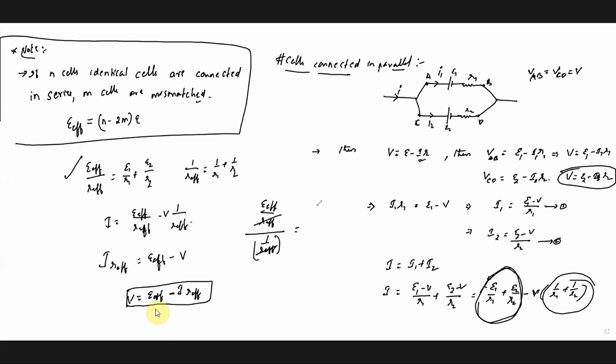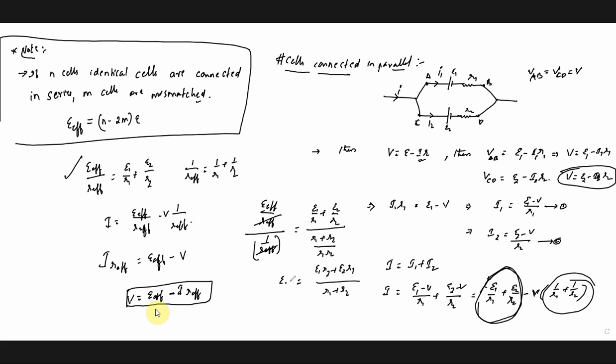E effective by R effective is how much? E1 by R1 plus E2 by R2, whole divided by 1 by R1 plus 1 by R2. 1 by R1 plus 1 by R2 is R1 plus R2 divided by R1 R2. Then, if you cross multiply, E1 R2 plus E2 R1 divided by R1 R2, R1 R2 will cancel, divided by R1 plus R2.